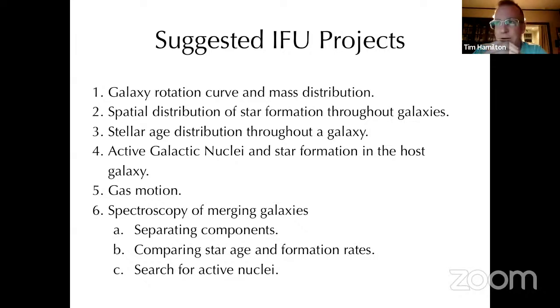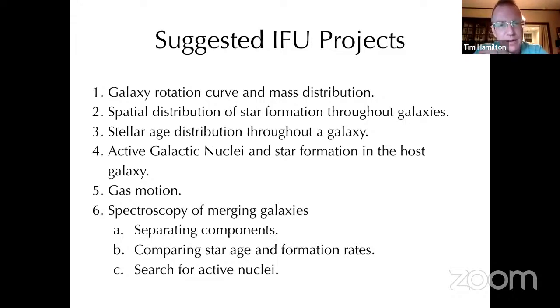One that I'm interested in is looking at active galaxies. You can see if there's a correlation between the activity of the nucleus and star formation throughout the galaxy. You can look at the motion of gas. So you can see whether you have flows of gas down into the nucleus, especially when you have an active galactic nucleus, or if you have outflows of gas coming from, say, rapid star formation, a starburst.